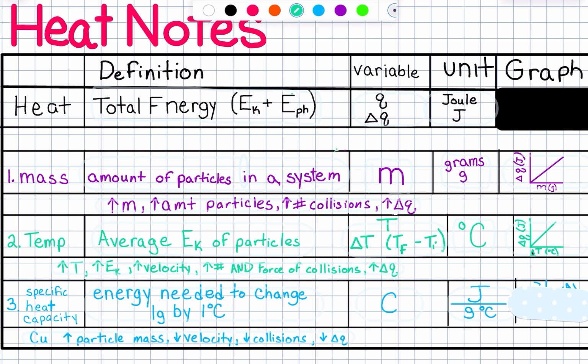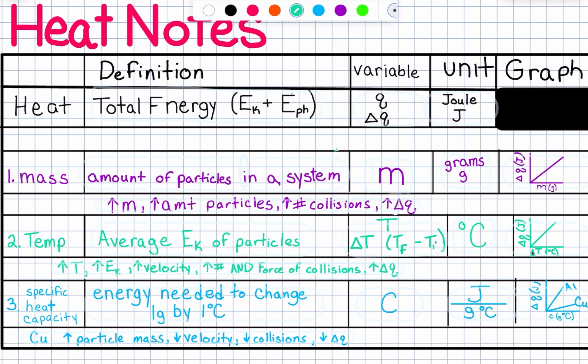So more mass means it's going to move slower. Since it's moving slower, it's going to have a lower number of collisions, which means there's going to be less transfer of heat. So higher particle mass, less velocity, less collisions, less change in heat.